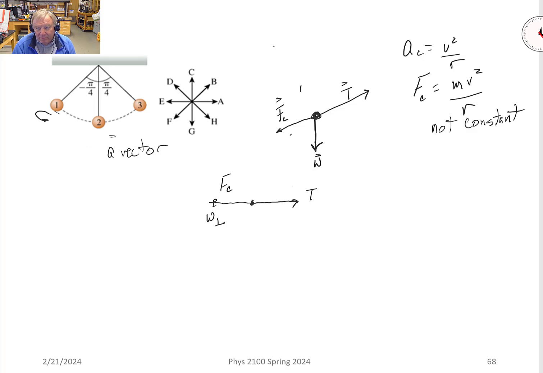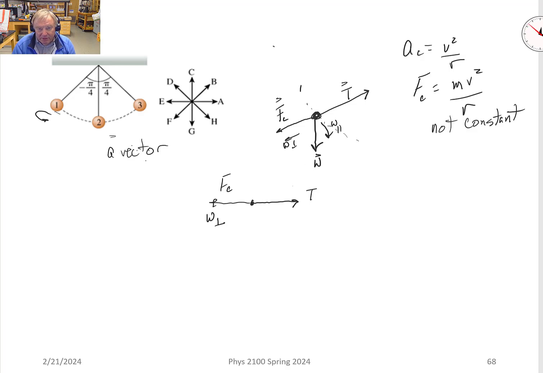So there's going to be some component of the weight this way and some component of the weight that way. Oh, excuse me, that would be, yeah. And this is the perpendicular, this is the parallel, because we've got, and that's a tangent. So weight and weight.